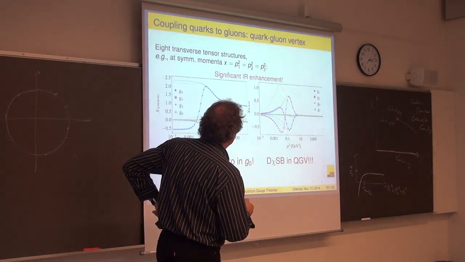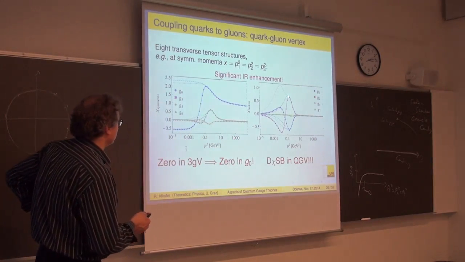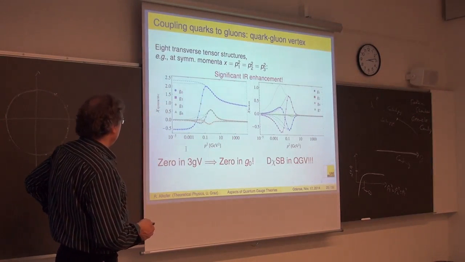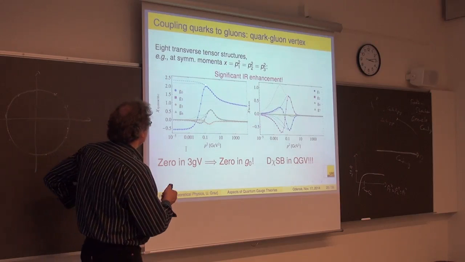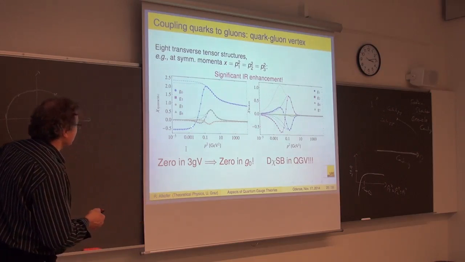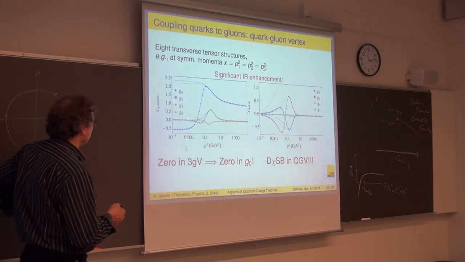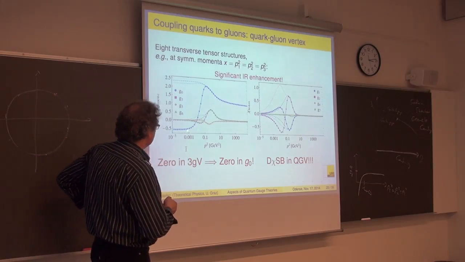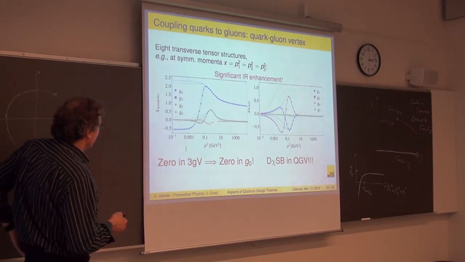These are all types of quark-gluon couplings which do not respect chiral symmetry, which are of the scalar tensor type. Then we have seen something fantastic. We have seen here a zero in the tree-level tensor structure. And actually, whether here this separates or goes further down, if you put in the scaling solution, we are still investigating. Now comes the decisive point.